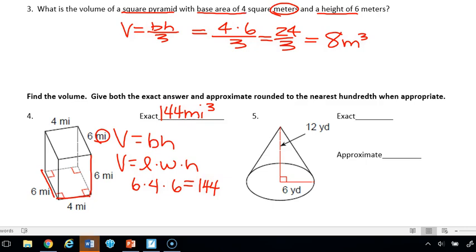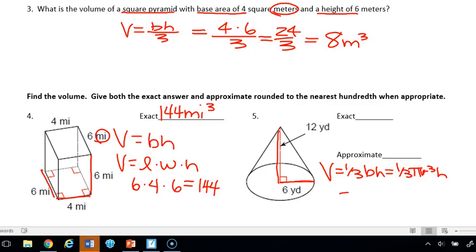Over here on the right, number 5, this is a cone, and our formula for a cone is, again, volume is equal to 1/3 base times height, or 1/3 pi r squared times the height, because that's a circle. So our radius is here, and our height is here. Our radius is 6.